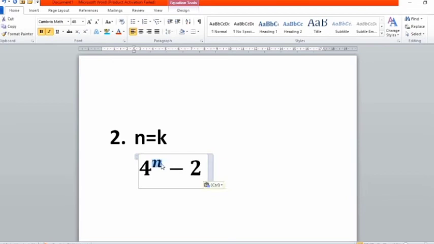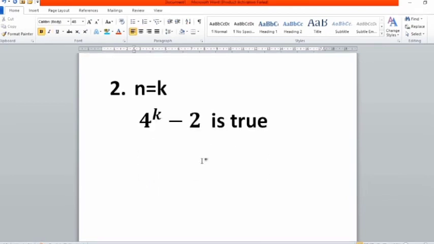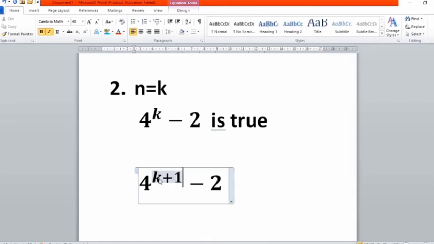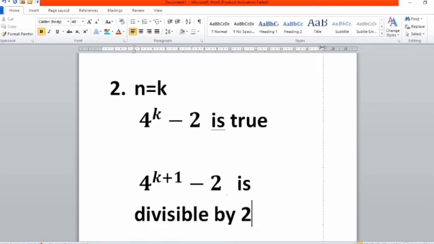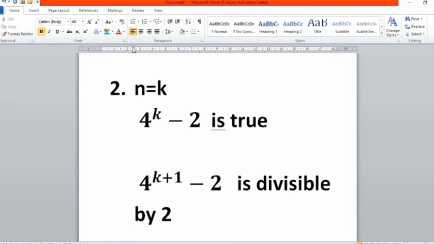So we have 4 to the power of k minus 2 is said to be true. So we then add 1 to k so that we could determine if the succeeding numbers will also have the same assumption. Now we have 4 to the power of k plus 1 minus 2 is divisible by 2 for all positive integers. Then let us prove this one.